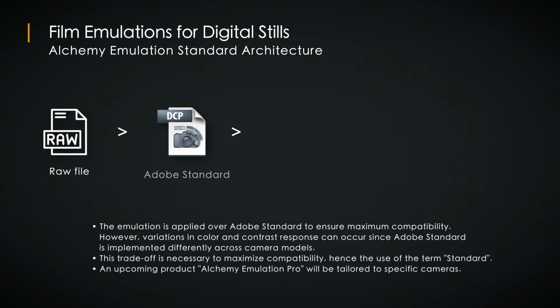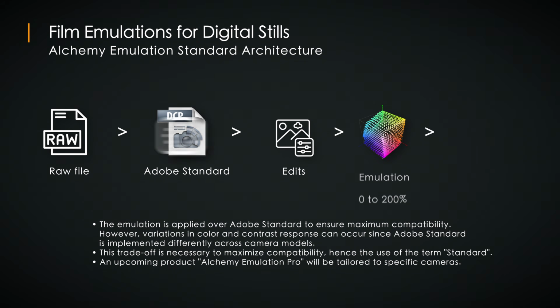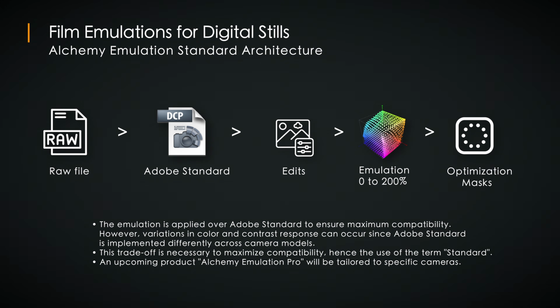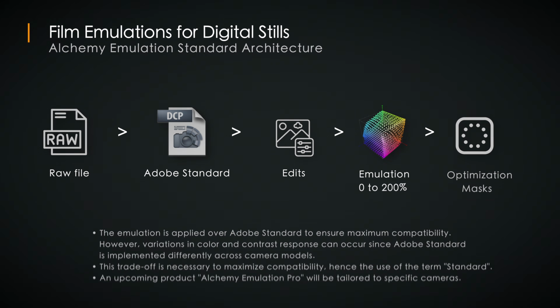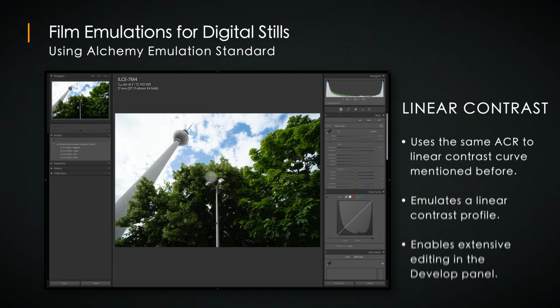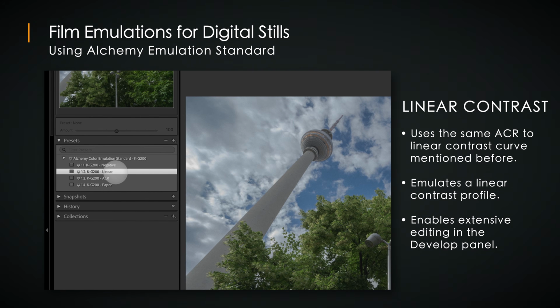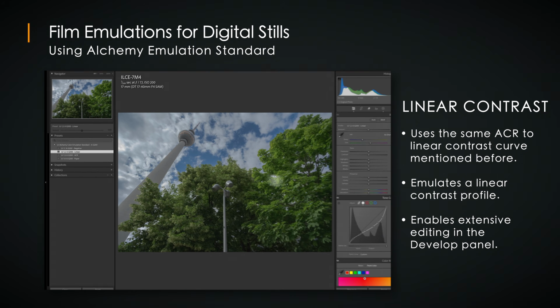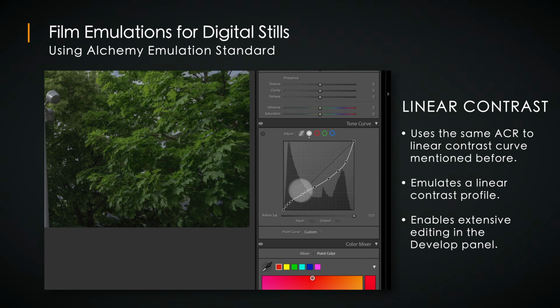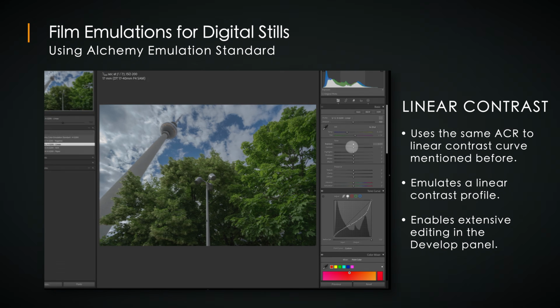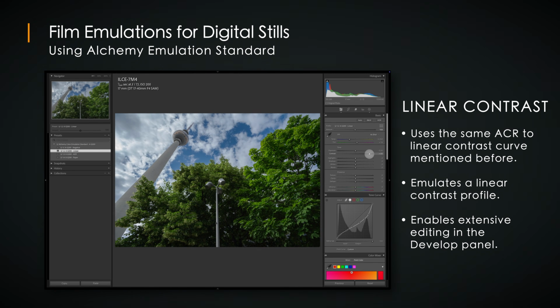This emulation offers precise and versatile color transformations for any digital camera. Alchemy Standard emulations are applied over Adobe Standard and come in 3 variants. Linear contrast. As mentioned before, a tone curve compensates the Adobe Standard embedded contrast, allowing for more flexible edits in post.